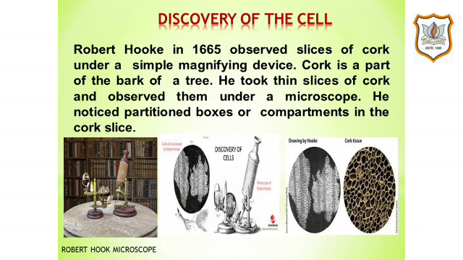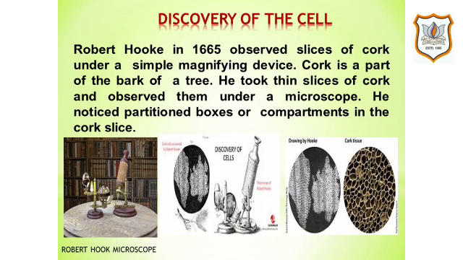Now we will discuss the discovery of the cell. In 1665, an English scientist named Robert Hooke observed slices of cork under a simple magnifying device. Cork is a part of the bark of a tree. He took thin slices of cork and observed them under a microscope.